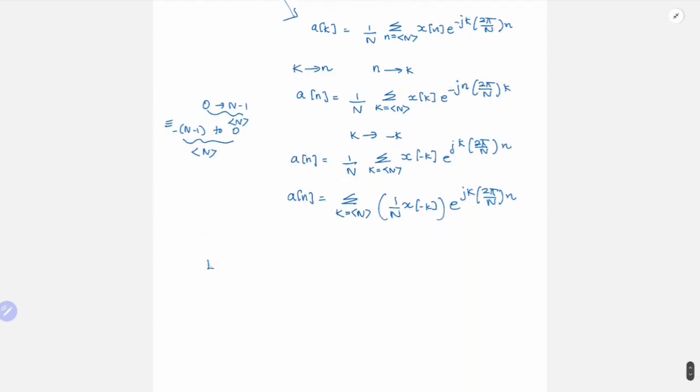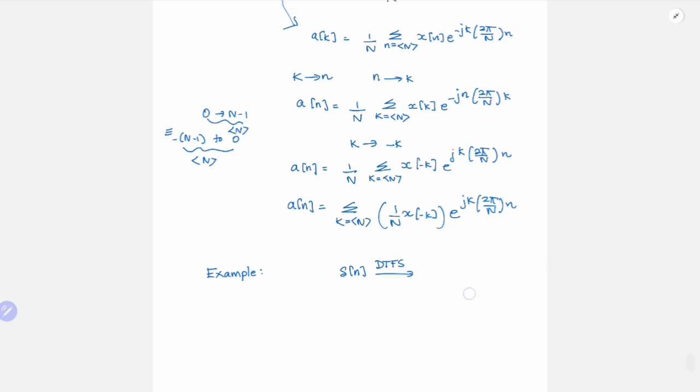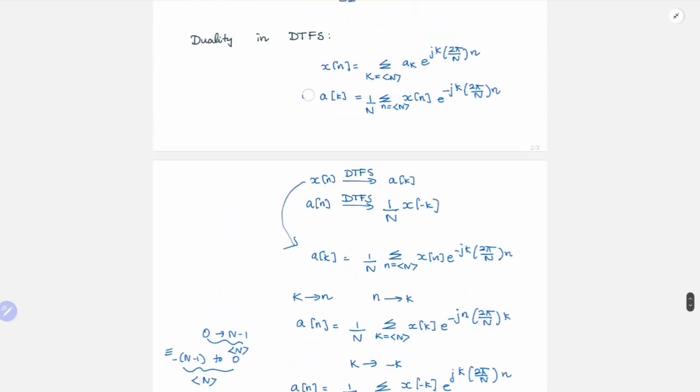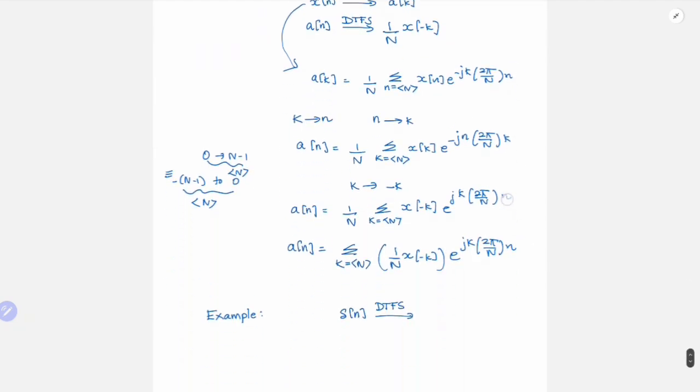So as an example, you can take this simple case where you have delta of n. What will be my discrete time Fourier series if you utilize this to find out? If I substitute delta of n here, only my n equal to 0 term will remain. So I'll get all a k equal to 1 by n.